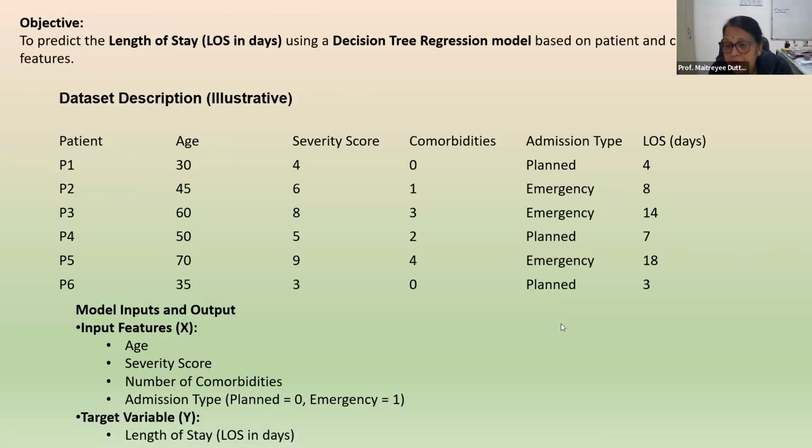So will a decision tree predict only values of the given target values? Yeah, it can predict target values that were never present in the training data. Actually, sometimes we are getting the average of the LOS.